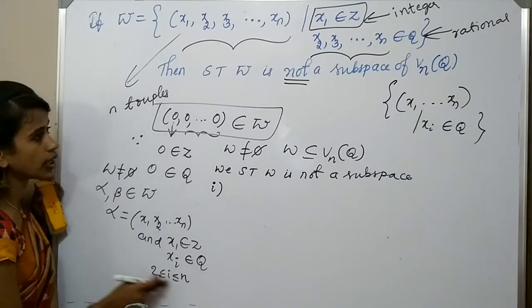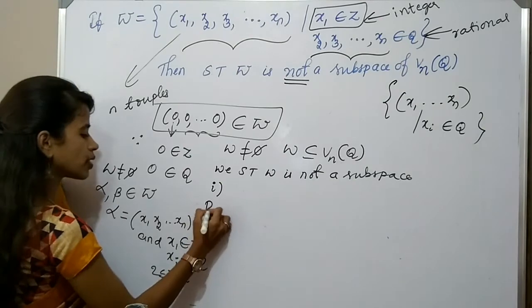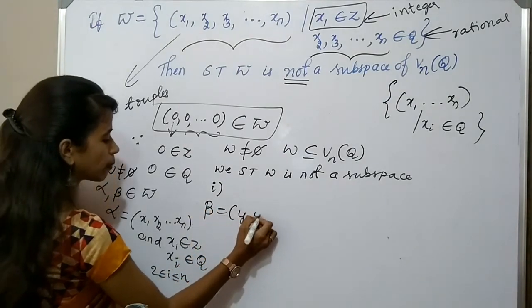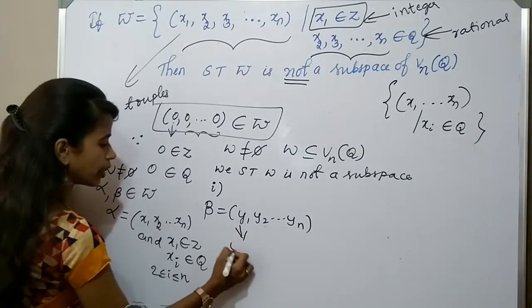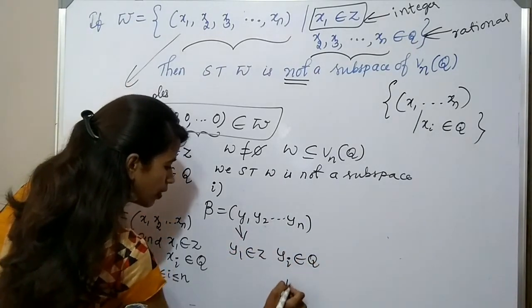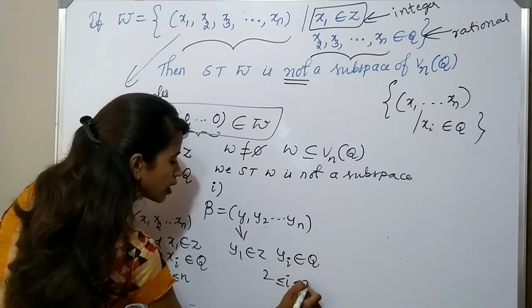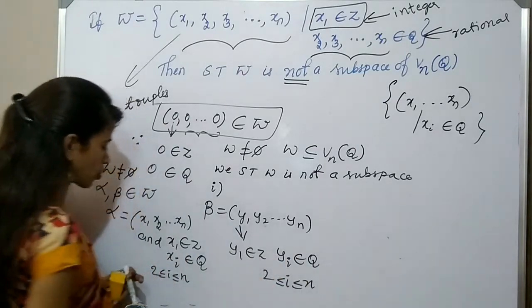Now beta also belongs to W, which means beta is also an n-tuple where the first coordinate y1 belongs to Z and the remaining yi's are rational, where i is from 2 to n.